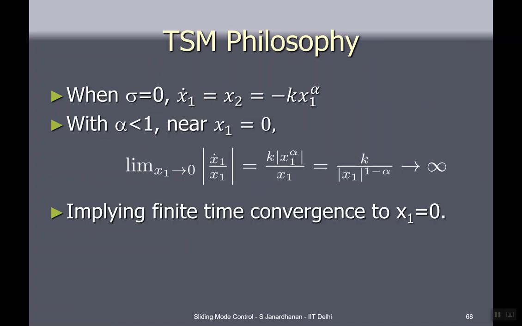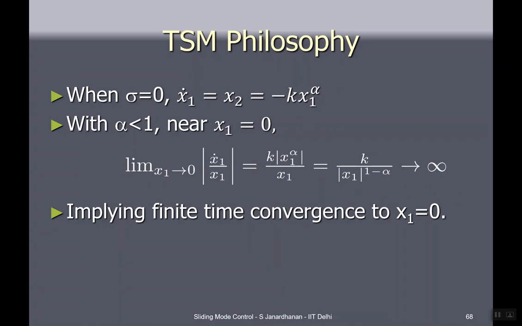x1 dot is equal to x2, and if you apply the non-Lipschitz condition on it, you will see that this tends to infinity. I can show why this is finite time convergence, but I think that will be a bit too much mathematics for this lecture, so I'm not doing that.